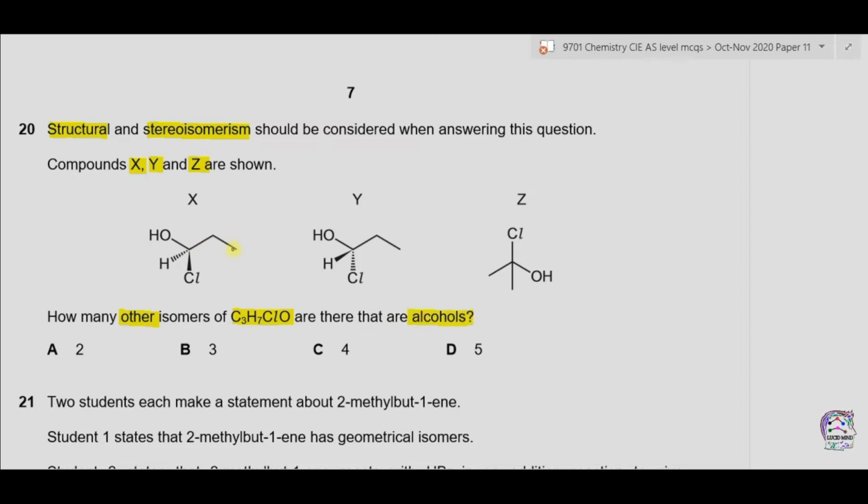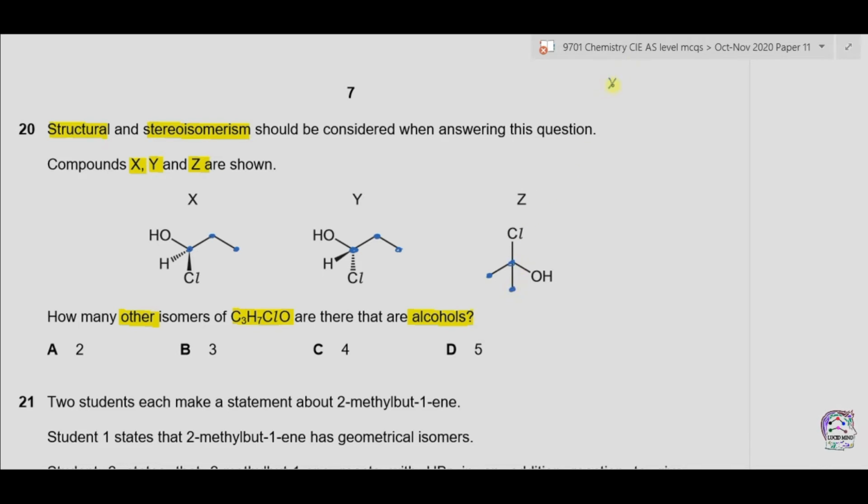Let's first draw the structures of X, Y and Z. In X we have 3 carbon atoms, 1 OH, 1 Cl and 1 hydrogen atom attached to the last carbon. Also with Y we have 3 carbon atoms, and again in Z we have 3 carbon atoms.